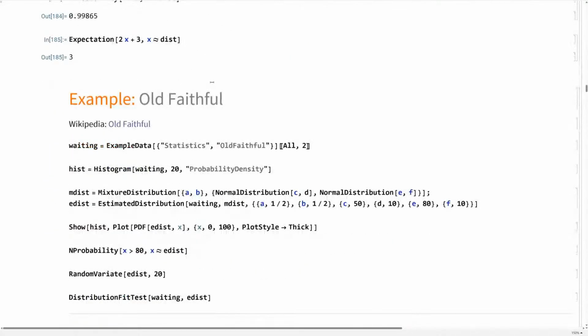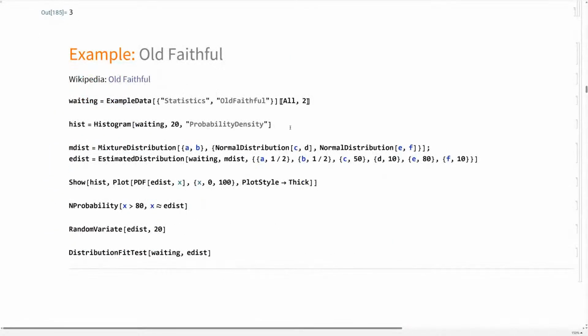All right. The next example is a real-life example, the Old Faithful geyser, which is located in Yellowstone National Park in the States. It's a water version of a volcano. It erupts, steams and hot water out, and there is a time gap between two eruptions.